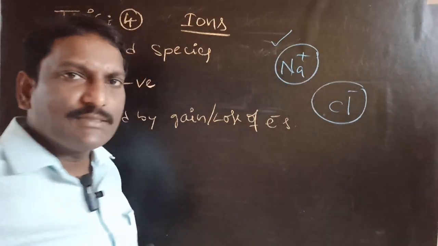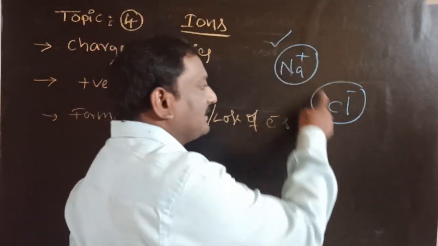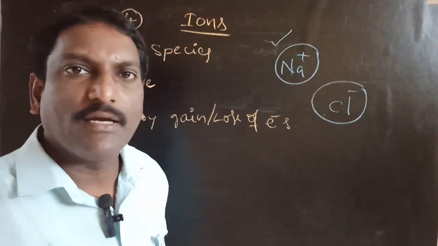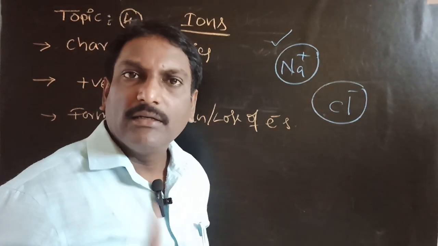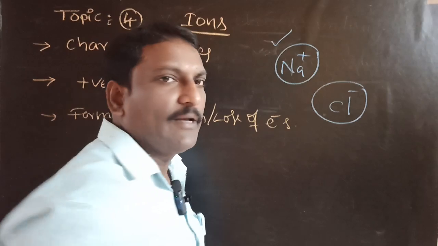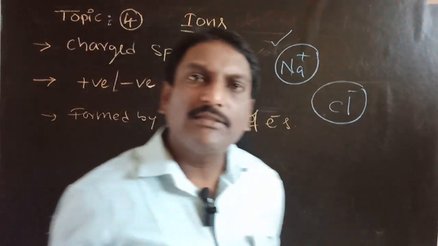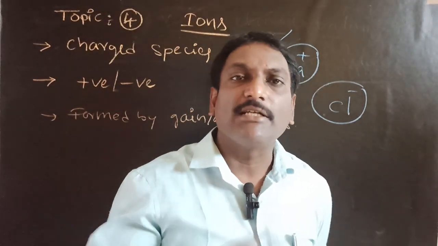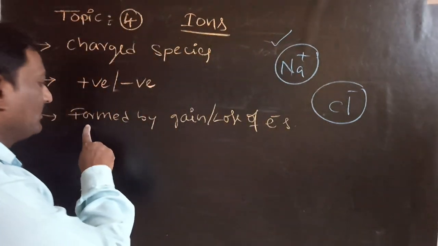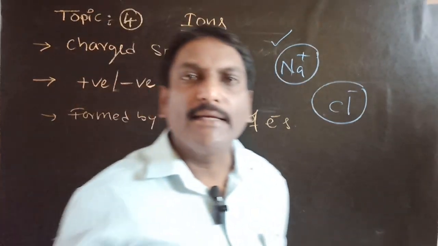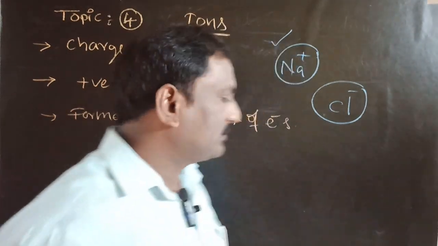These two are considered as ions because they contain charge, either positive or negative. In case of chloride, it has negative charge. In case of sodium ion, it has positive charge. Ions are nothing but charged particles, charged species, either negative or positive. Generally ions are formed by gain or loss of electrons.